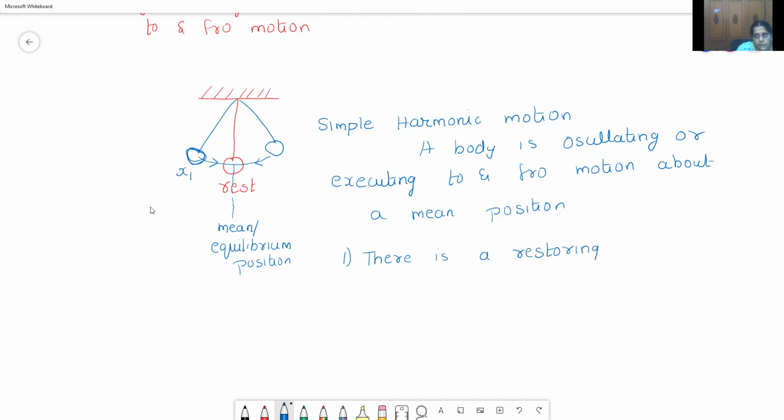Okay, there is a restoring force which tries to bring back the body to the mean position or equilibrium position.